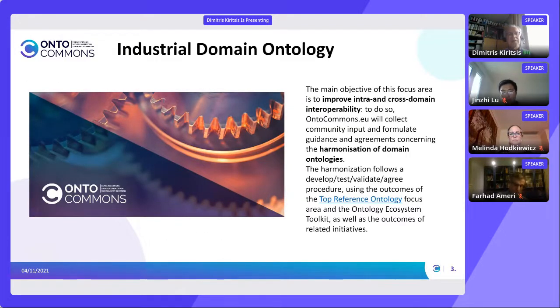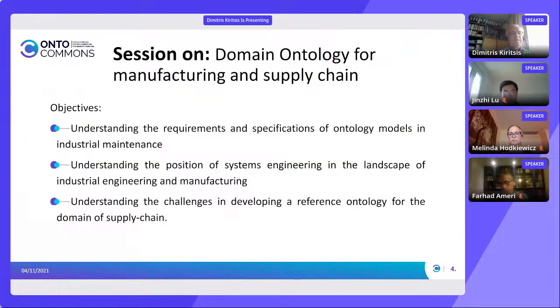It is about industrial domain ontologies. As in Ontology Commons, we see we need various levels of ontologies in order to achieve interoperability, from top level to middle level to domain level. And we have reference ontologies. So in this session, the objectives are to understand the requirements and specification of various domain ontologies.